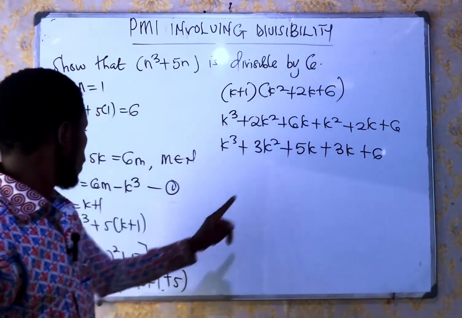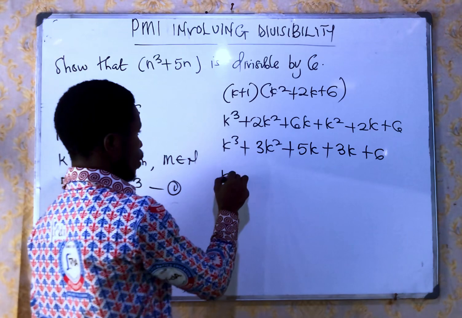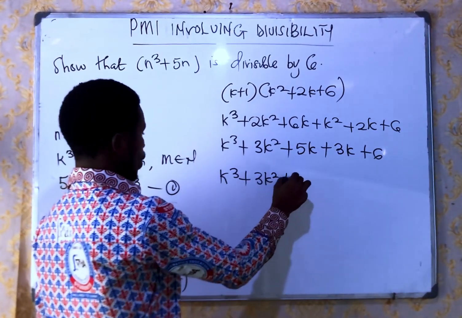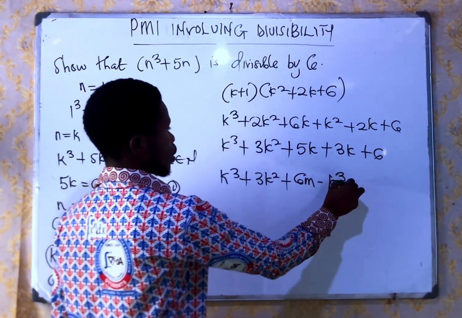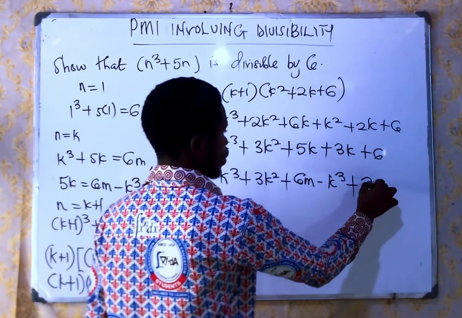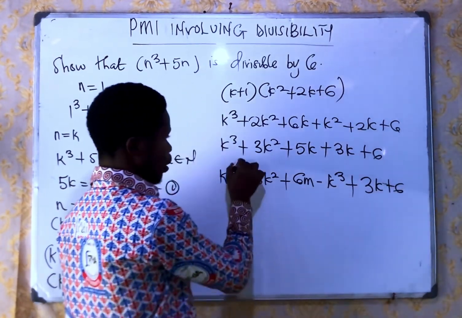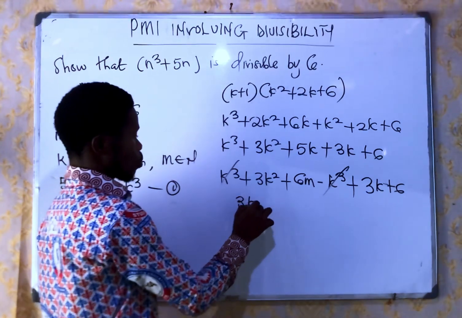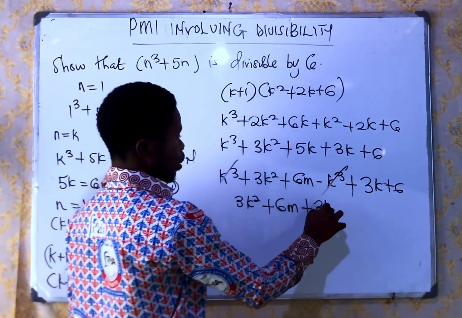So that the 5k can be replaced by 6m minus k cube. So I have k cube plus 3k squared plus 6m minus k cube plus 3k plus 6. This is opposite to this, so they will cancel out, leaving 3k squared plus 6m plus 3k plus 6.